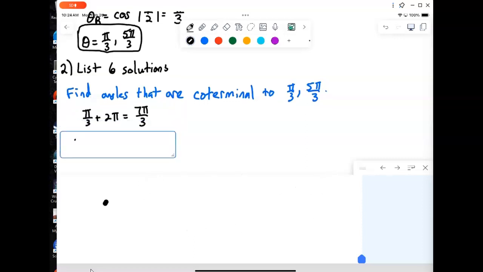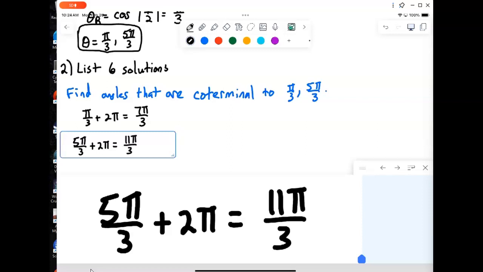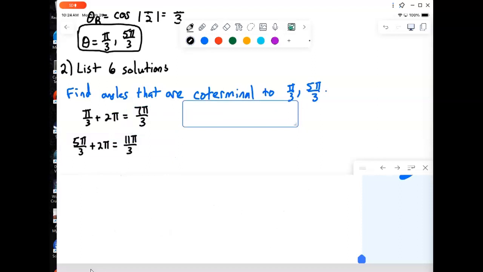Or we can take our 5 pi over 3 plus 2 pi. That'll be 2 and 5/3, which converted to a fraction would be 11/3, or 11 pi over 3. Now we could add on another 2 pi onto each of those, or we could take off a 2 pi.